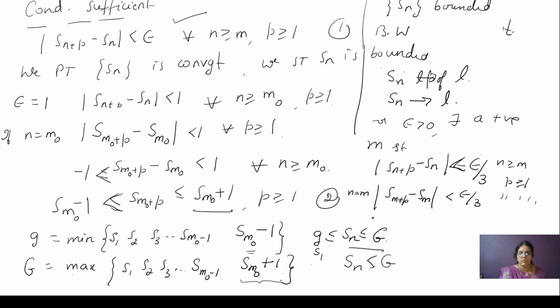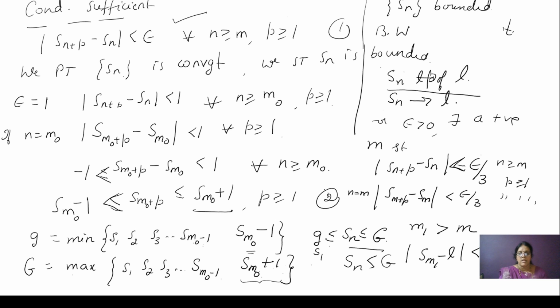Now we have one more thing, that L is the limit point of S_n. L is the limit point of S_n means there exists a number m1, which we can assume is greater than m, such that modulus of S_{m1} minus L is less than epsilon by 3.